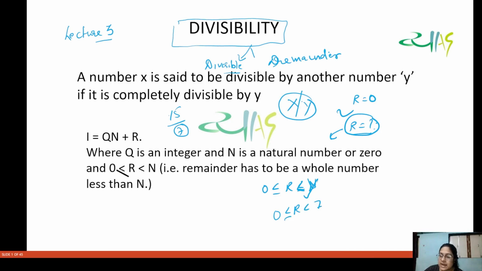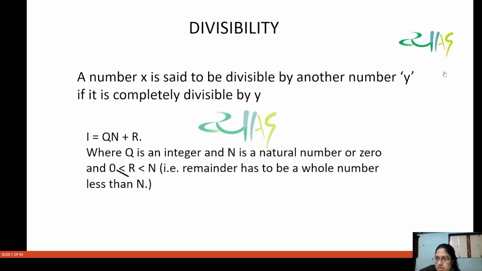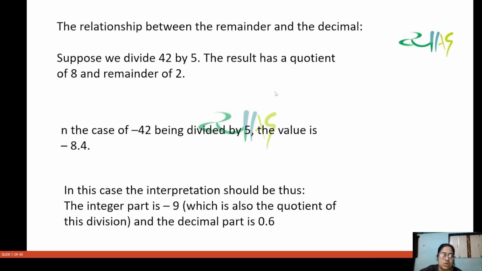Okay, so it can be equal to 0 if it is completely divisible, which in this case is not, but then the remainder in this case will be 1, obviously. It will always be less than 7, that is up to 6. Alright, so I hope everybody is clear with this concept. I have told this concept many times. Now let's move forward to the next concept.